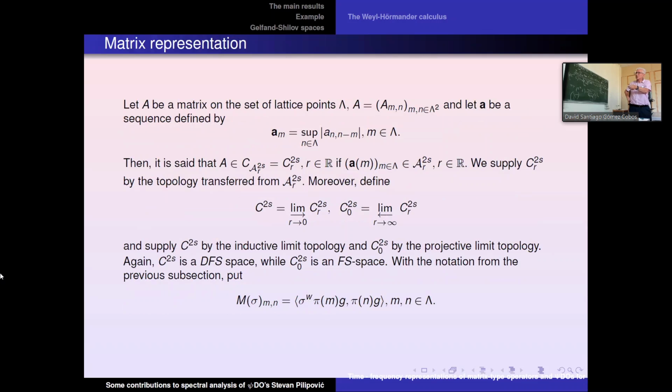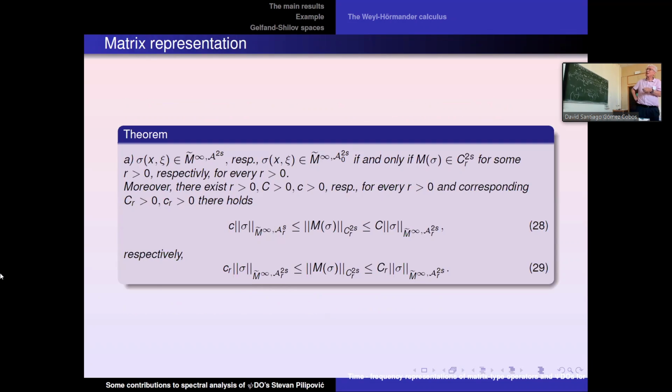Sorry. This is matrix M. And so with this, and this is a theorem, what you can say about matrices. Actually, this is equivalent to what you told. After all, this characterizes this class of symbols. So this class of symbols are characterized by matrices.